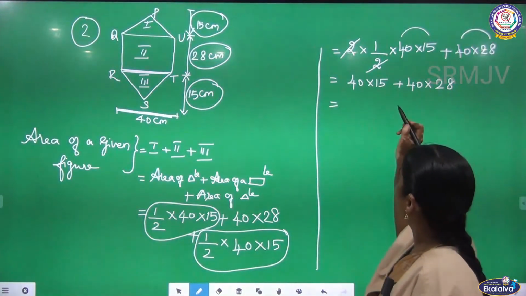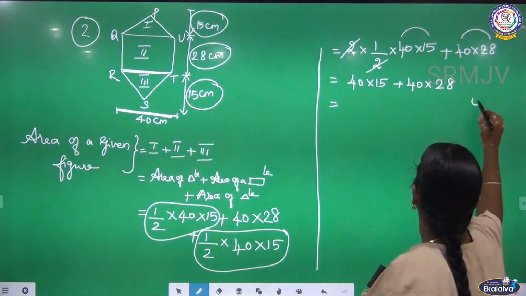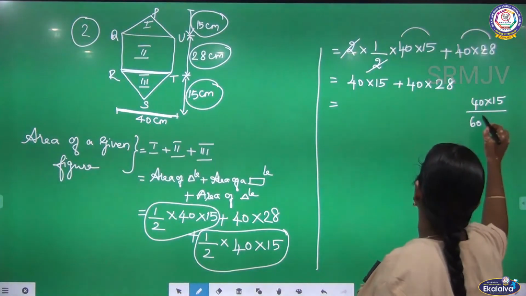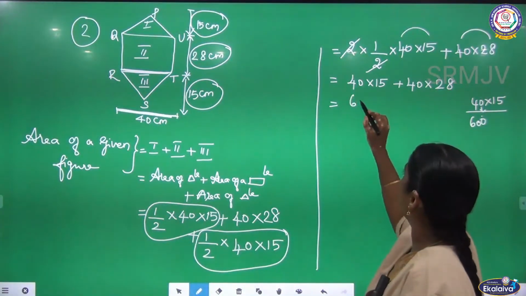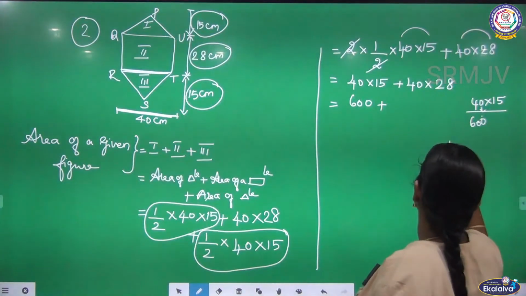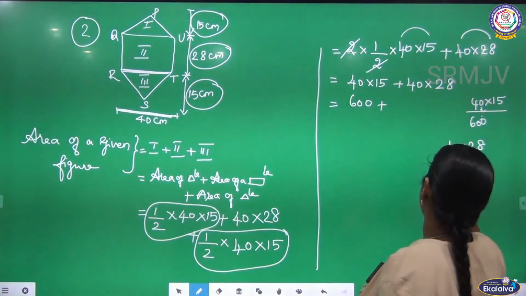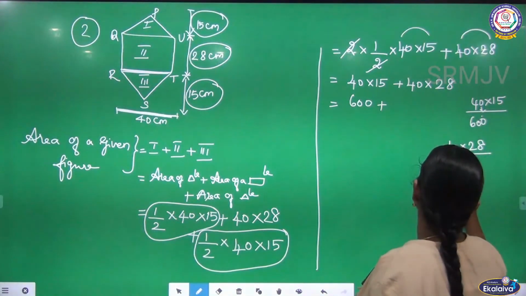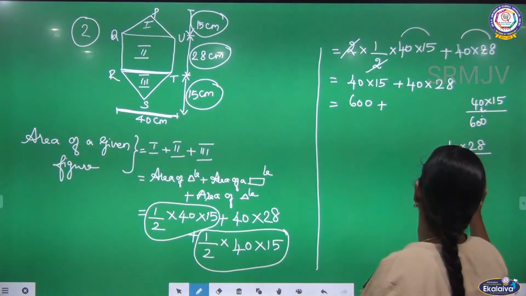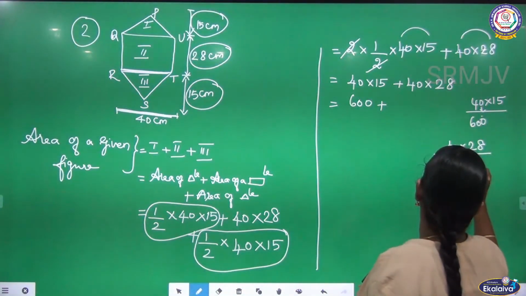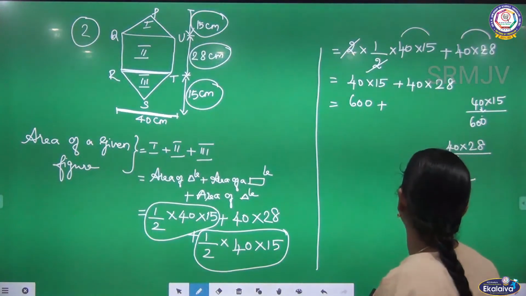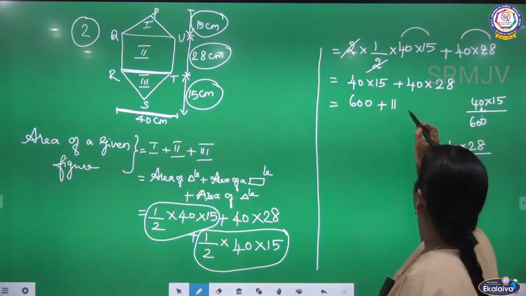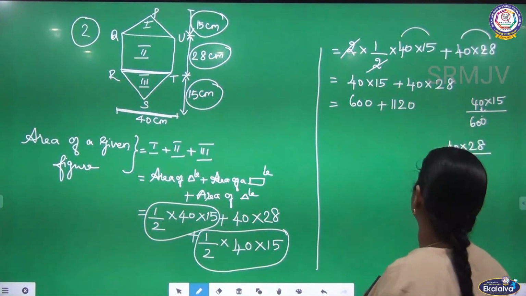Listen, 15 fours are, 40 into 15, 60, so 0, which is 600, plus 40 into 28. 4 8s are 32, 4 2s are 8. Just drag this 0 down. So 2, 8 plus 3 is 11. So 1, 1, 2, 0 is the answer.